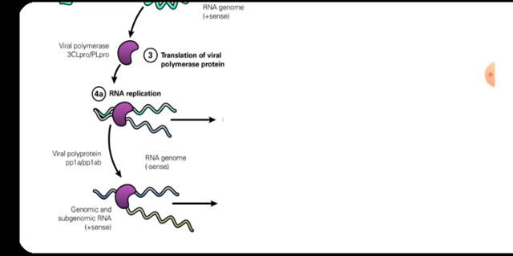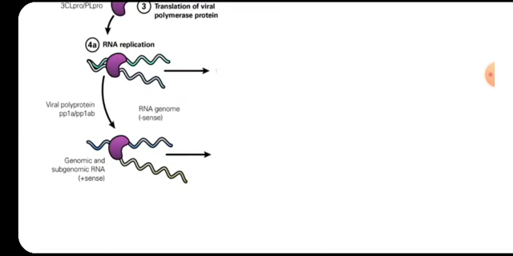Replication means to make exact copies of itself. So this is how this RNA polymerase synthesizes several strands of RNA. That means multiple copies of the viral genome are synthesized.